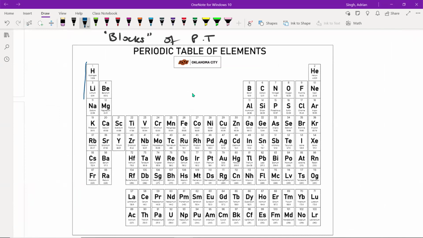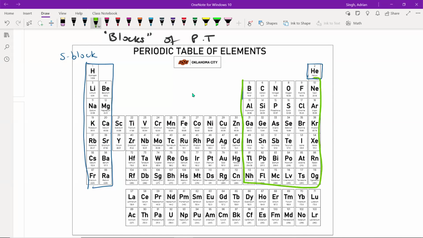This one here is called the s block, and this actually also includes helium over on the right side. We have another block in green over here on the right side, and this is called a p block.